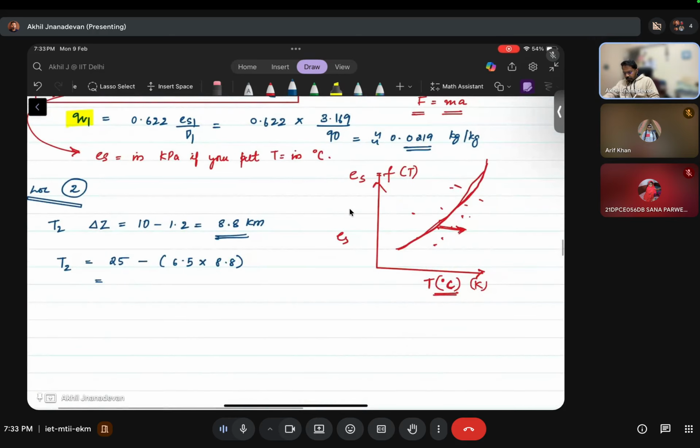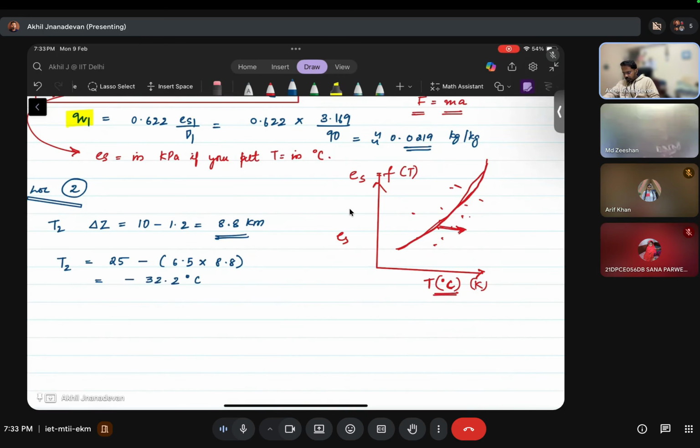So 6.5 into 8.8 comes to around minus 32.2 degrees Celsius. It is not a very realistic value, but we can still try to solve this question.